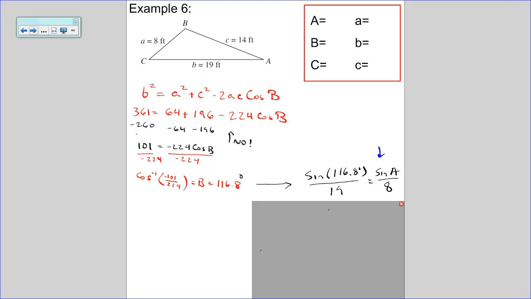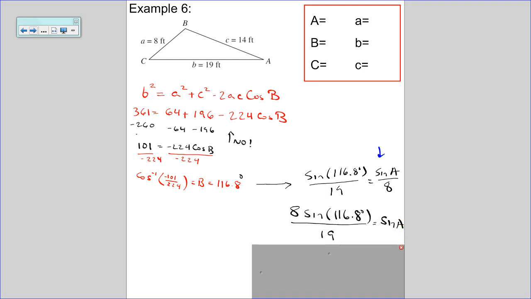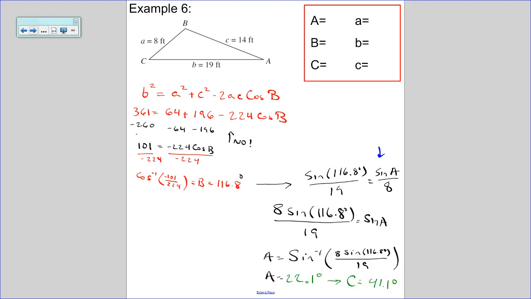So I set that up to find A, just like we did in the last couple law of sines videos. Here, what I'm isolating is the sine of A. So I'm going to need to do an arc sine on this one. I can get this answer straight out of the calculator. It's going to tell me that A is 22.1 degrees.